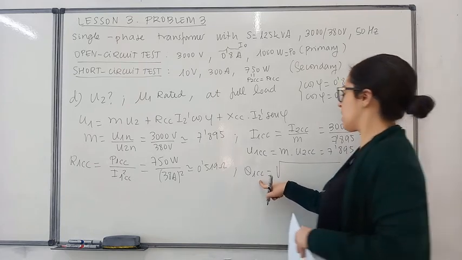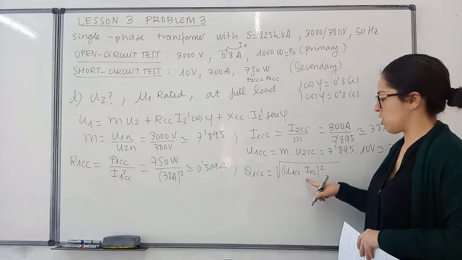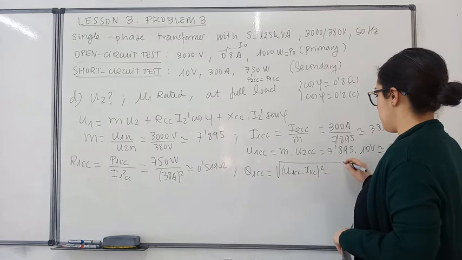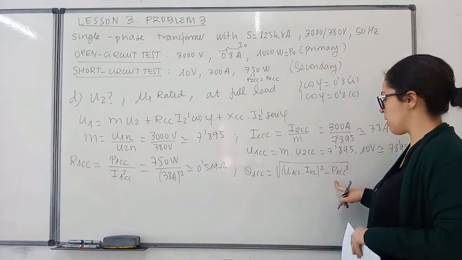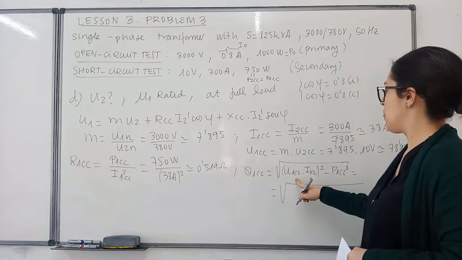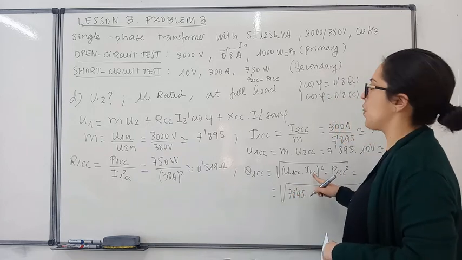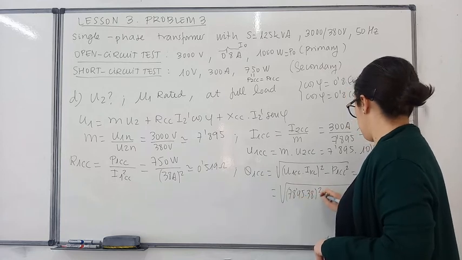Regarding the reactance of the short circuit test, we need first to calculate the value of the reactive power. So the reactive power is the square root of the apparent power, which is the voltage multiplied by the current, to the square, minus the active power to the square. Apparent power to the square minus active power to the square. So there we have, this voltage is 78.95. This current is 38 to the square.